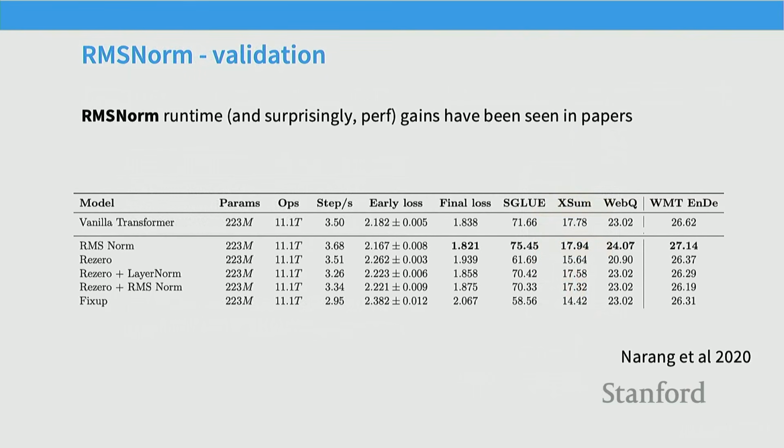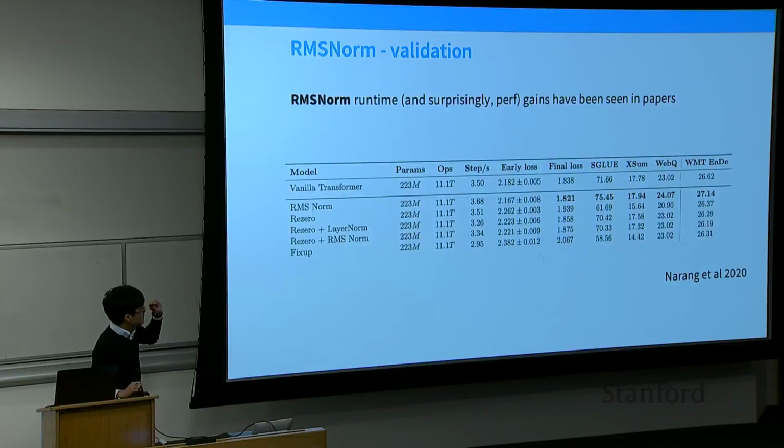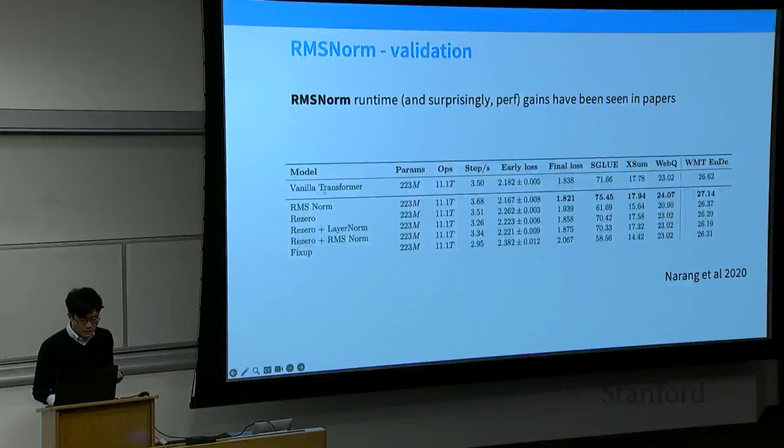I went back and looked at some of the earlier RMS norm papers. The sad thing is that there aren't as many papers published by industry labs with big, nice ablations, so many of the ablations I'll show you are from a couple of years back. But Narang et al. in 2020 had a very nice ablation showing the vanilla transformer and the RMS norm version, and you see exactly what I told you.